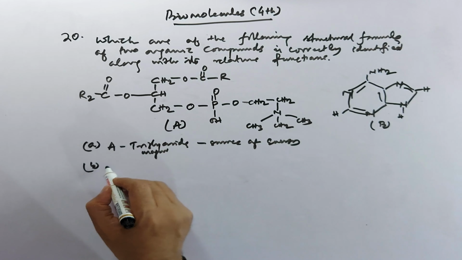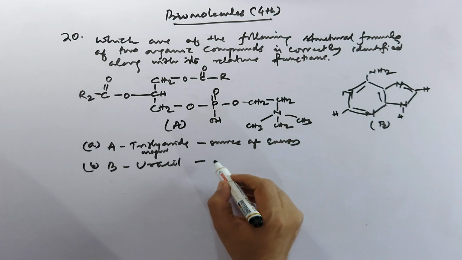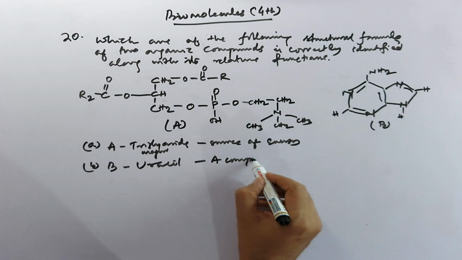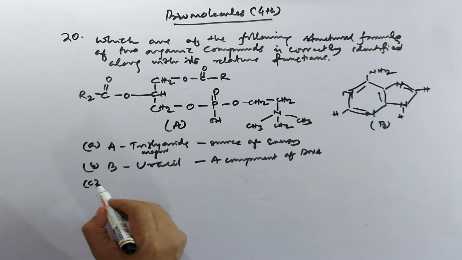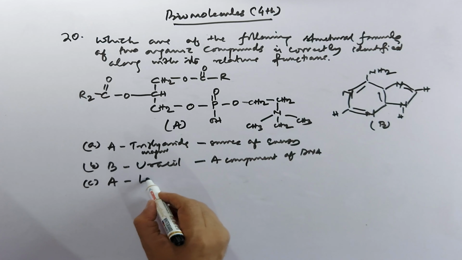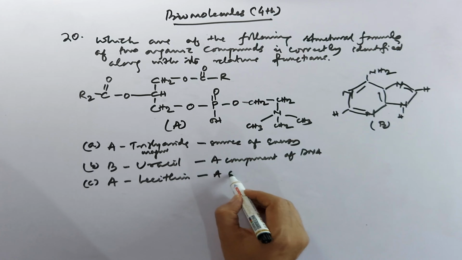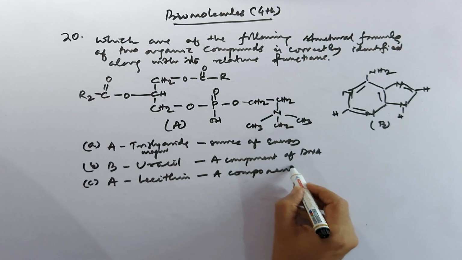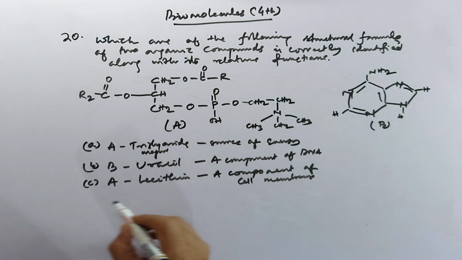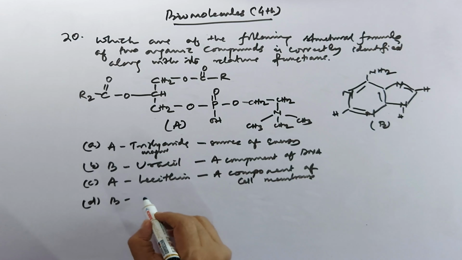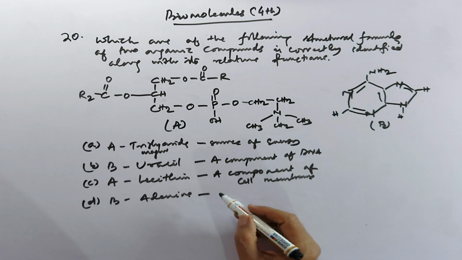Option B: uracil, a component of DNA. C option, A: lecithin, a component of cell membrane. And D, B: adenine, a nucleotide that makes up nucleic acid.